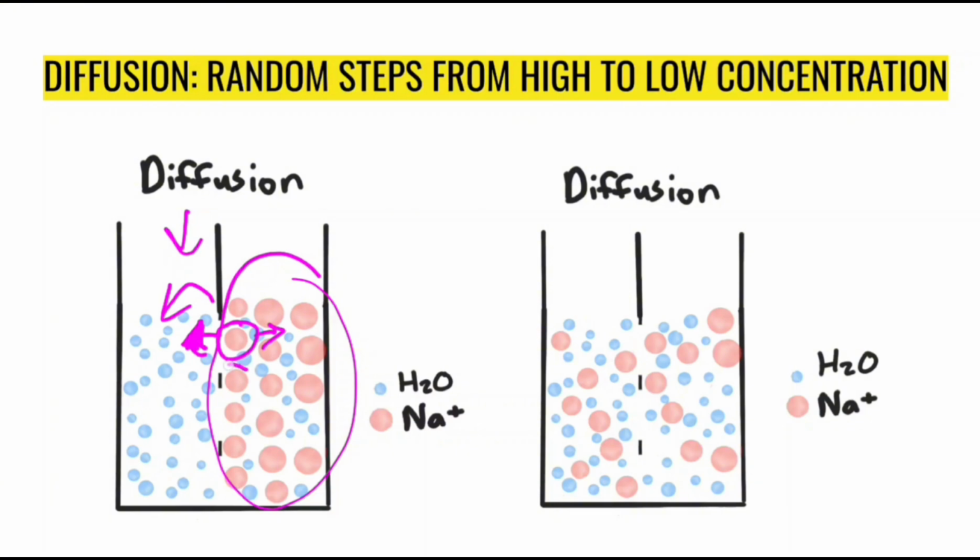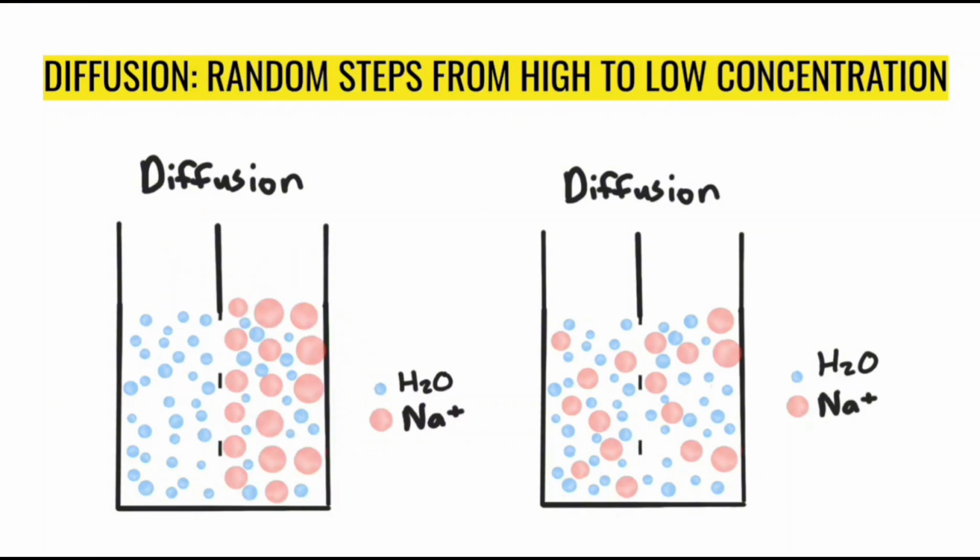Going this way doesn't affect the concentration over here, but going this way, it does. So some of the molecules will randomly decide to move this direction. And the number of molecules moving that direction is going to be more than the number moving this direction if there are more molecules over here than over here.